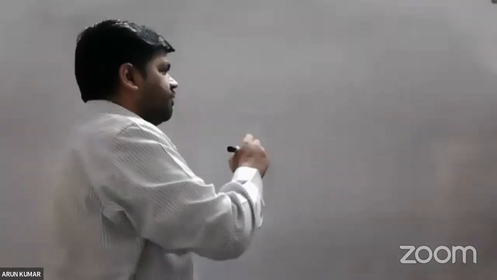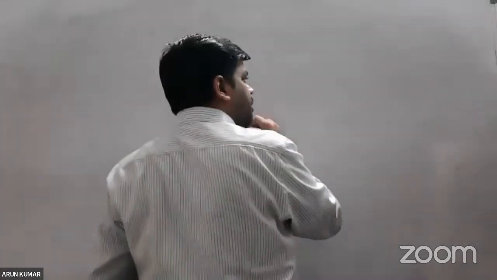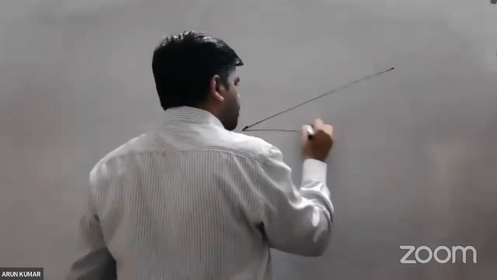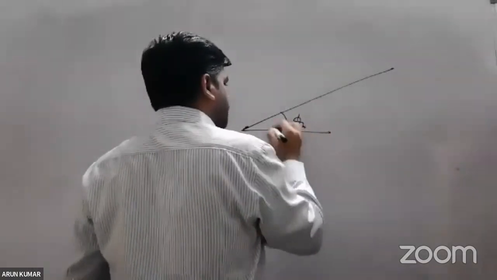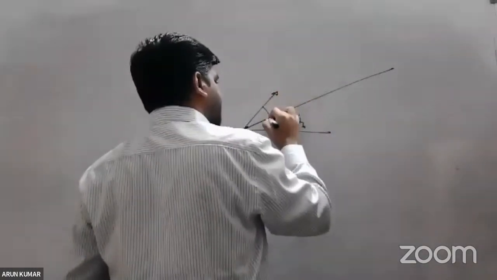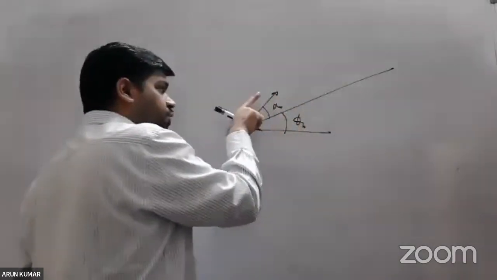Students, we'll now continue with the concept of projectile on an inclined plane. Correct? So, I've got an inclined plane of inclination theta naught. A particle is projected at an angle of alpha naught with the incline.